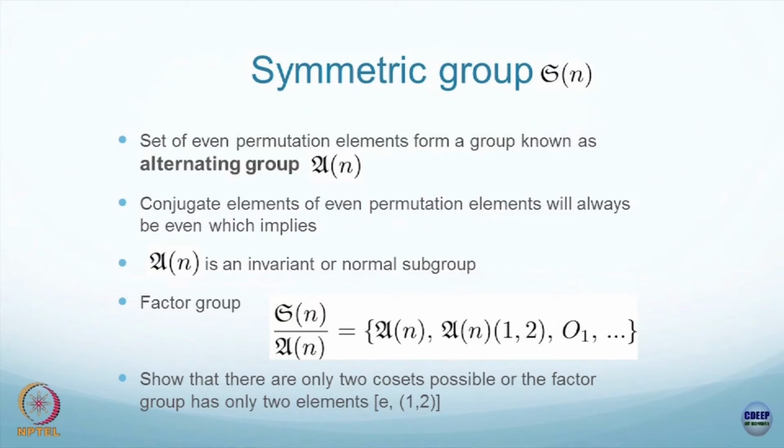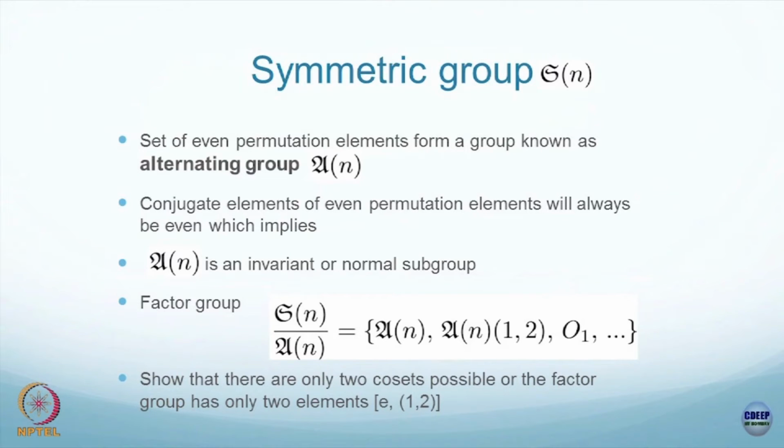The second coset will involve that invariant subgroup multiplied by an odd permutation element. You agree? The set should always have that an even with an odd will give you an odd. I want this set to be involving odd permutation. So, the set can continue like this with all possible odd elements. Okay. Clear?